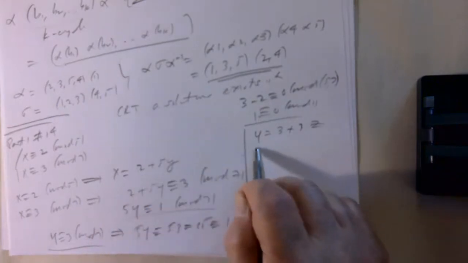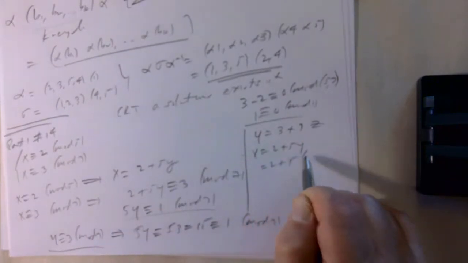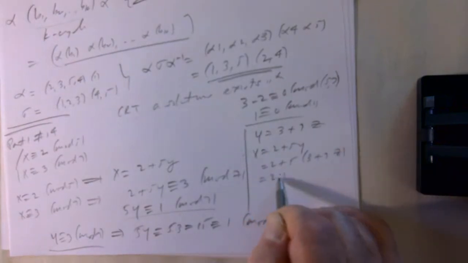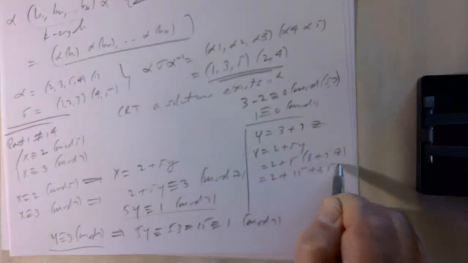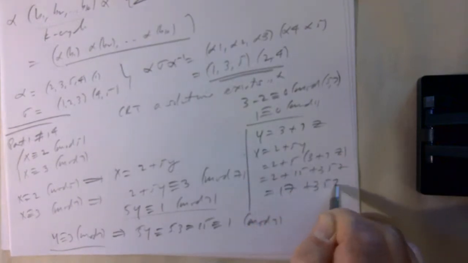And if x is 2 plus 5y, that's 2 plus 5 times a number of the form 3 plus 7z, which is 2 plus 15 plus 35z, which is 17 plus 35z.